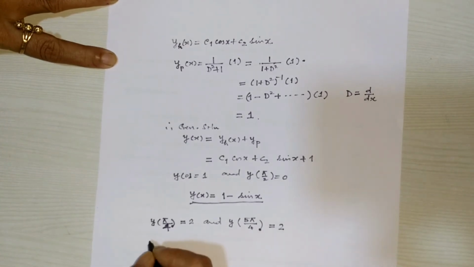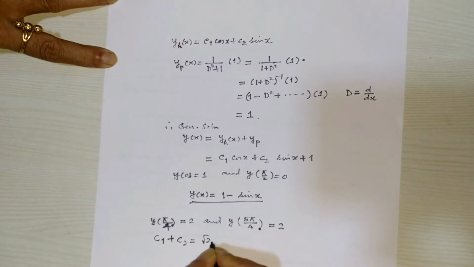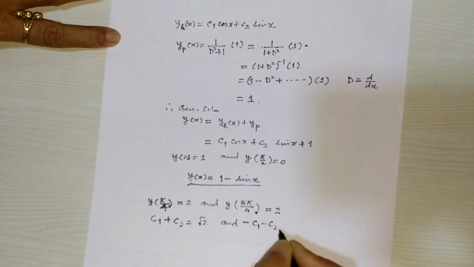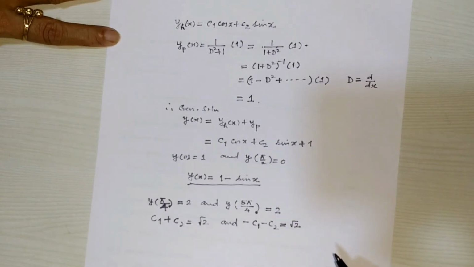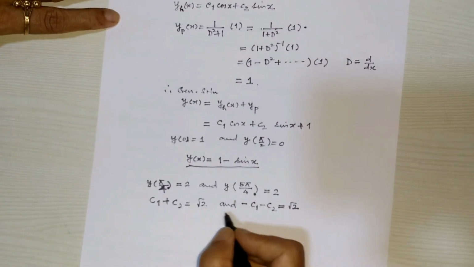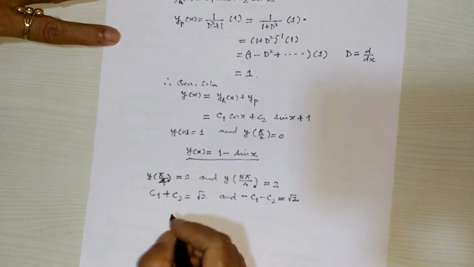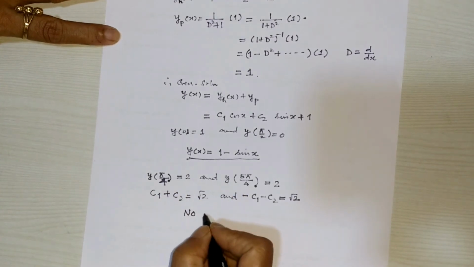Then this gives C1 plus C2 is equal to square root of 2 and minus C1 minus C2 is also square root of 2. Now we can see that both these equations are inconsistent. So in this case there will not be any solution. So for these boundary conditions there is no solution.